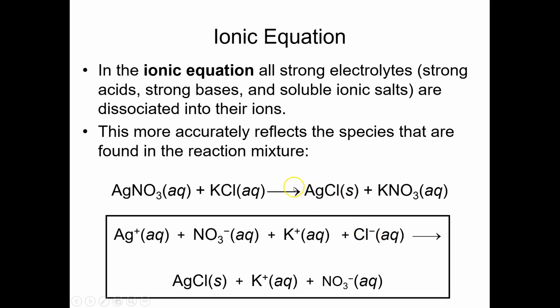Solid silver chloride, because it is a solid and won't dissolve in water, does not dissociate into ions, and so that remains the same. It remains as solid silver chloride. Aqueous potassium nitrate, in the ionic equation, we dissociate it into aqueous potassium ions plus aqueous nitrate ion, because that's what's actually there in solution.